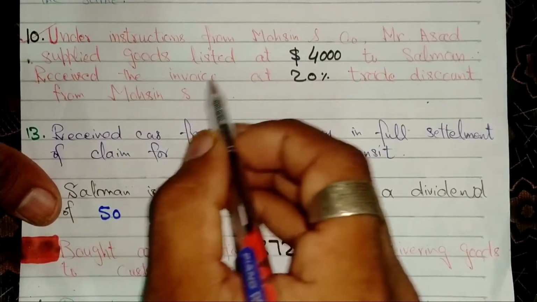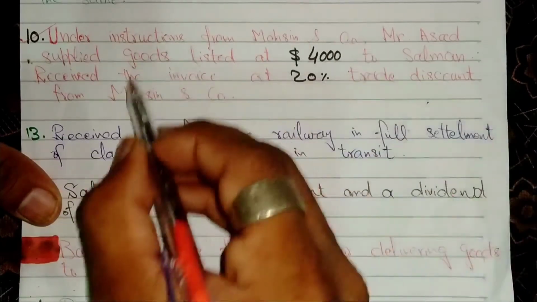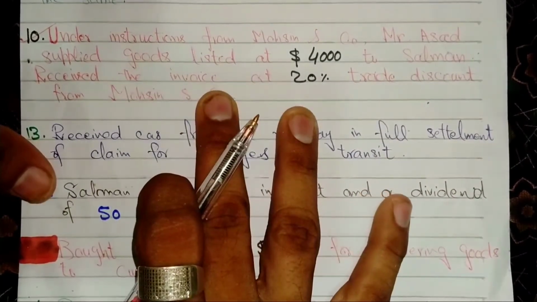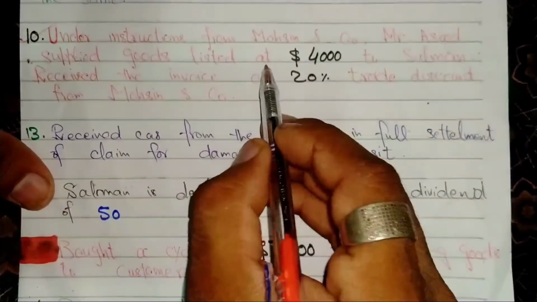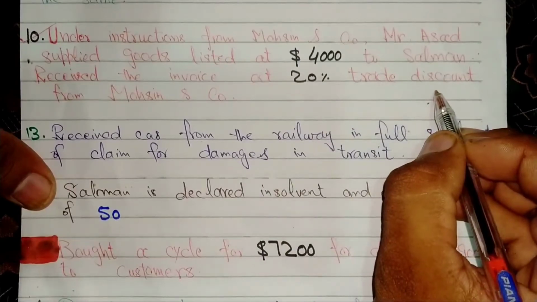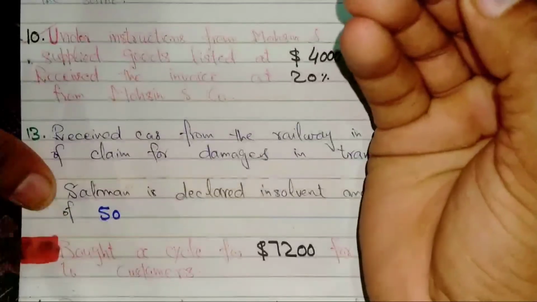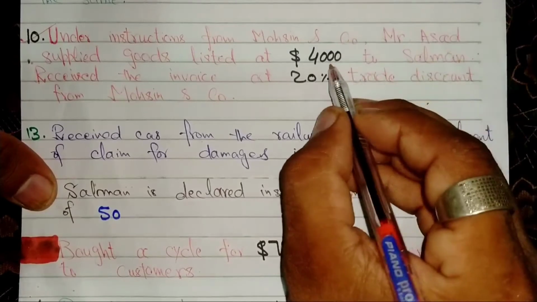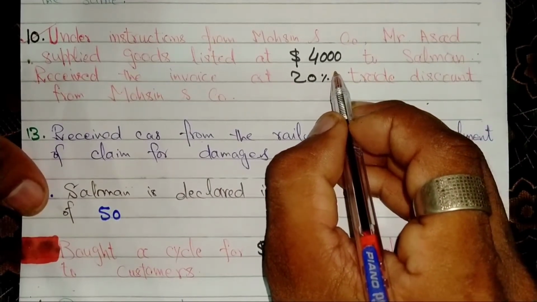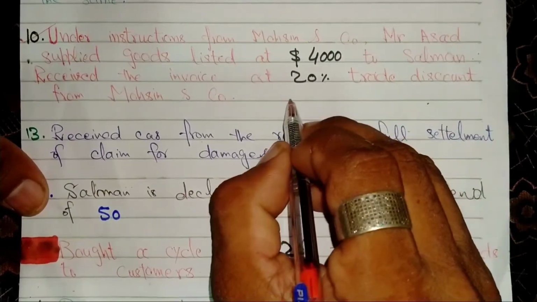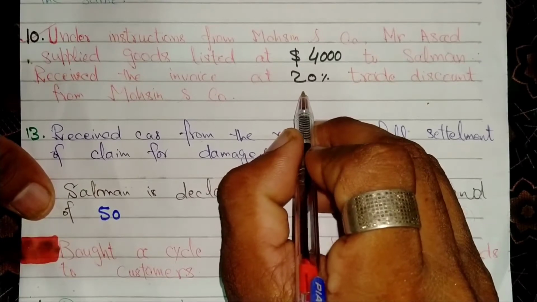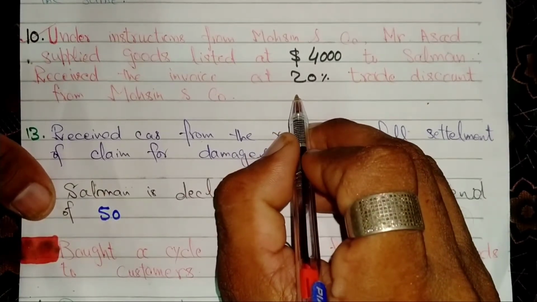This transaction has the same nature as above: purchased from Mohsin and Company with 20% trade discount and then sold to Salman at full price, which is $4,000. The difference between $4,000 and the 20% less amount will be considered as the profit for the business. So we will move toward the entry of this transaction.